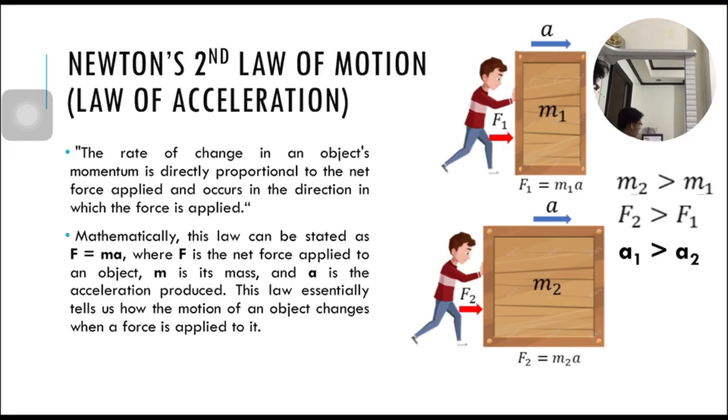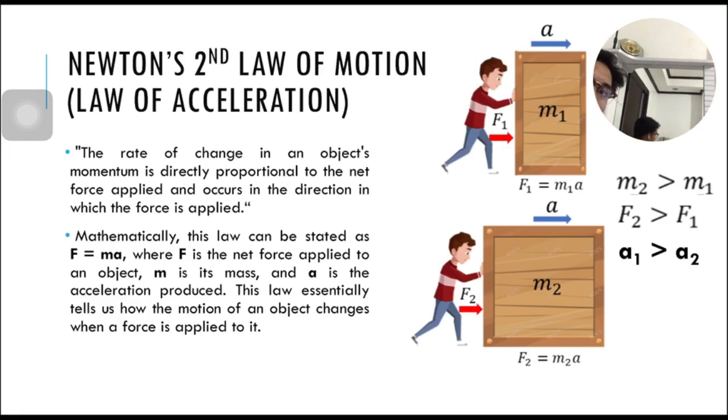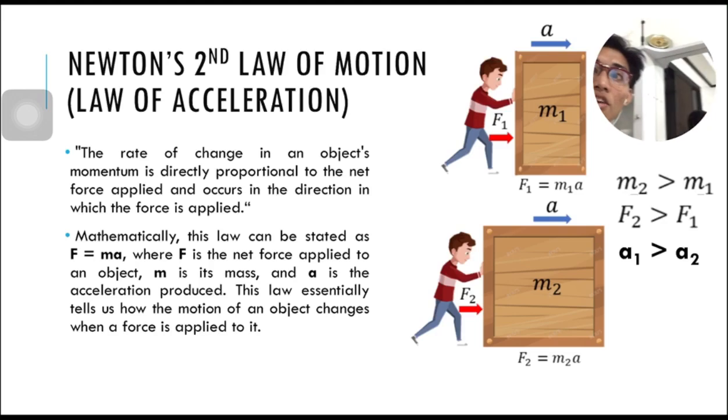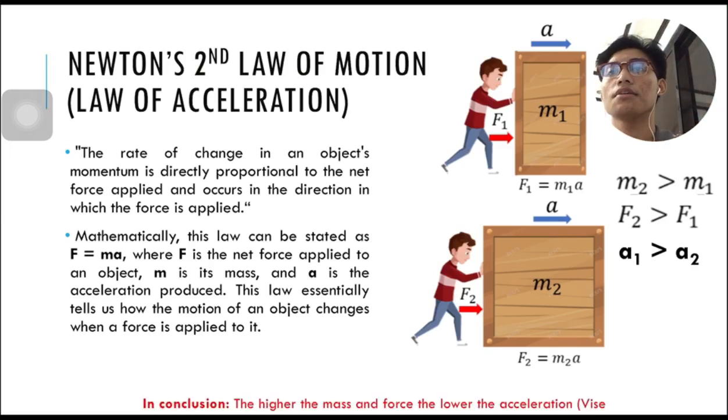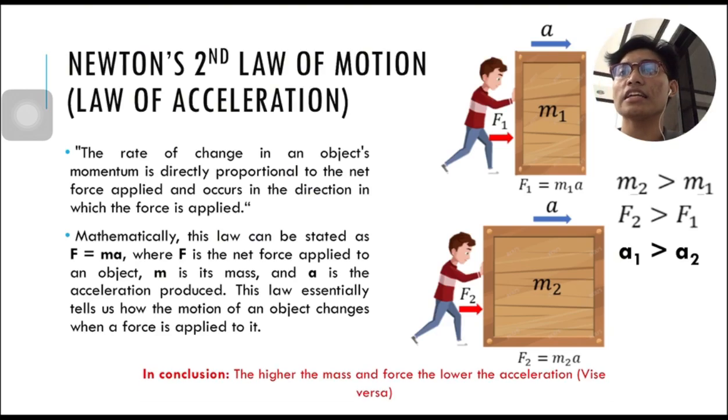Kaya ko siyang buhatin kaso hindi natin siya kayang buhatin na tumatakbo tayo. So, the higher the mass, the lower it accelerates. Vice versa, the lighter the mass, the higher the acceleration we will get. So, in conclusion, the higher the mass, the lower the acceleration, vice versa.